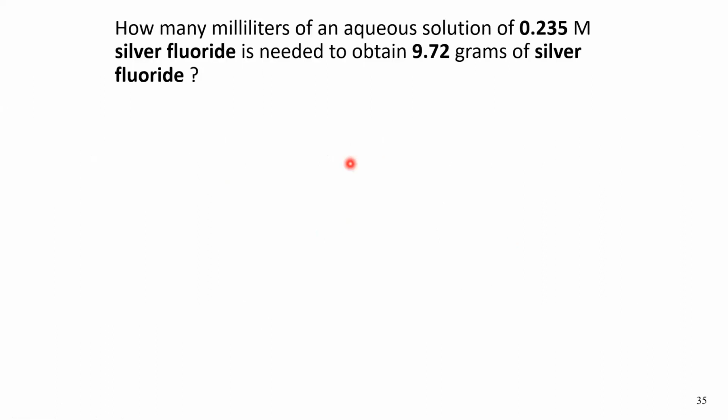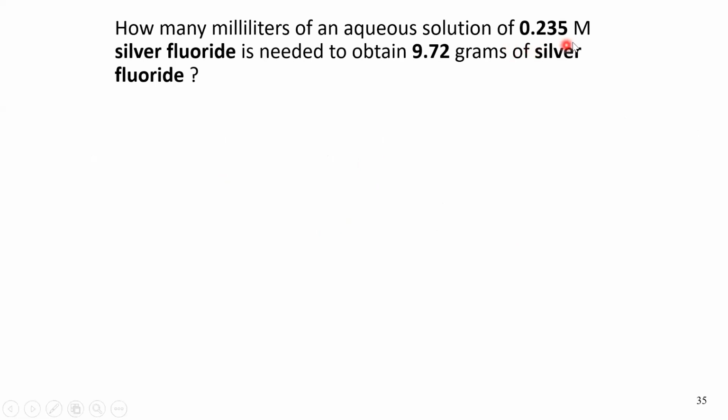So the third variable is, what if we wanted to calculate the volume? It says: how many milliliters of an aqueous solution of 0.235 molar silver fluoride is needed to obtain 9.72 grams of silver fluoride?